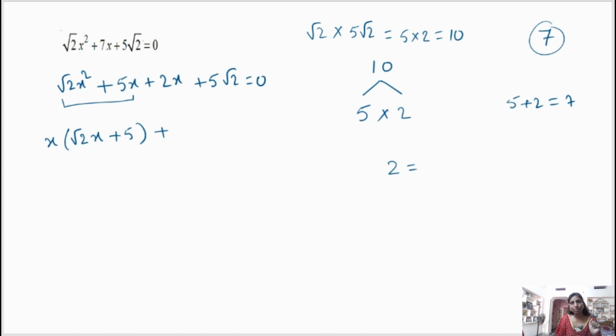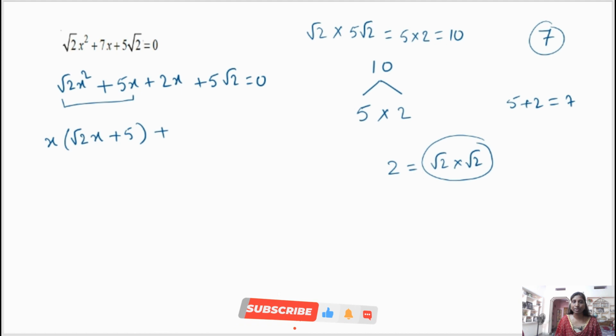Can't we write 2 as root 2 into root 2? We can write 2 is equal to root 2 into root 2. So in the place of 2, root 2 into root 2 is there. Okay, now take common root 2 from these two terms.